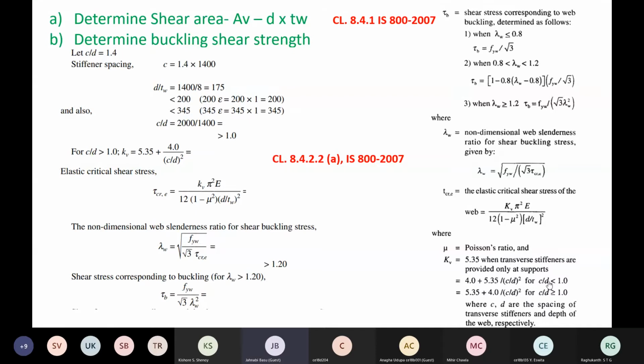You can calculate tau B, that is the buckling shear strength. So what is the buckling shear strength value we are getting? 43.1. Fine.